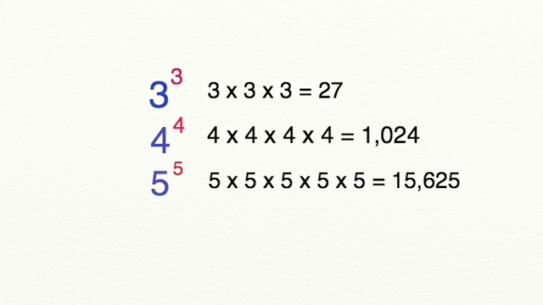That's right. So you probably are starting to understand why you would need to use an exponent. Instead of having to write out 5 times 5 times 5 times 5 times 5, you can write it in a much shorter way by just saying 5 to the 5th power.